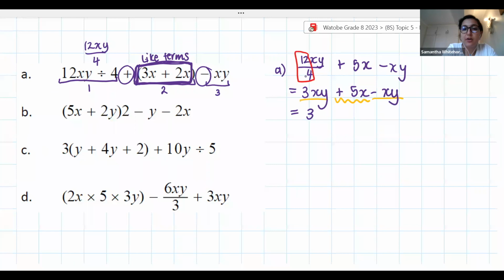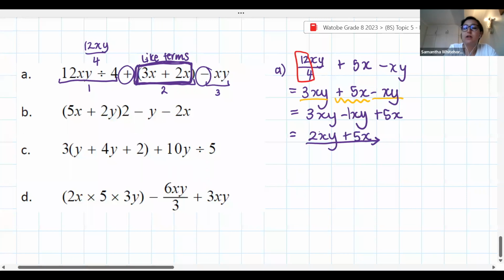You want to write your like terms together, that's absolutely fine. You don't have to, but you can. And then we can add and subtract. So 3xy minus 1xy, remember there is a 1 there, is 2xy plus 5x. We cannot add 2xy and 5x because they are not like terms. I'm missing a y from the 5x. And so that is my final simplified answer.